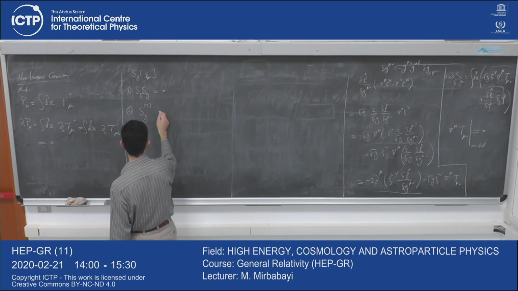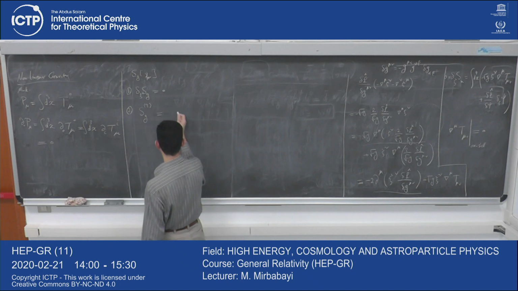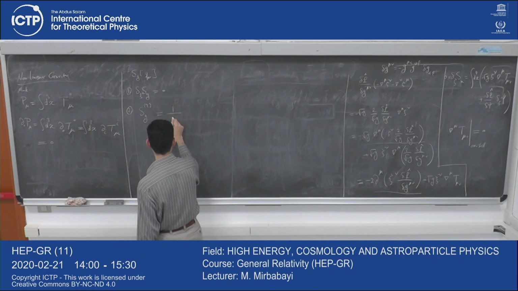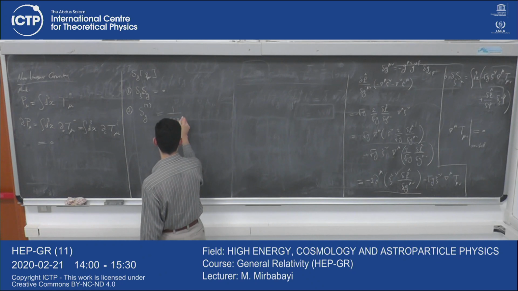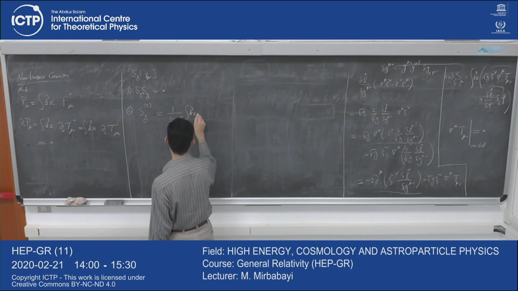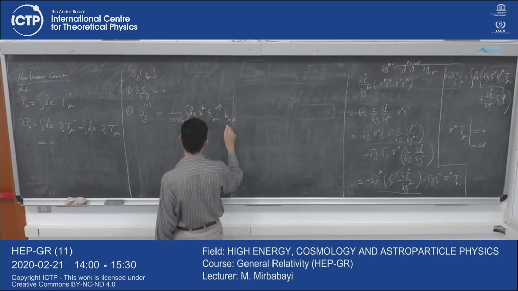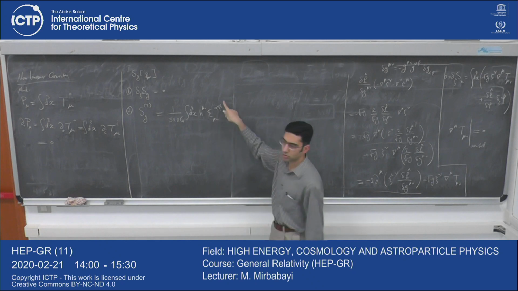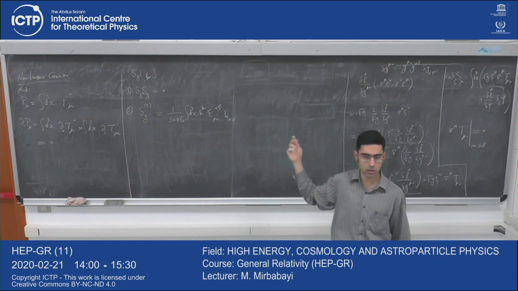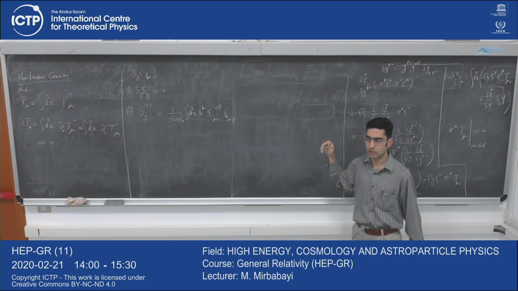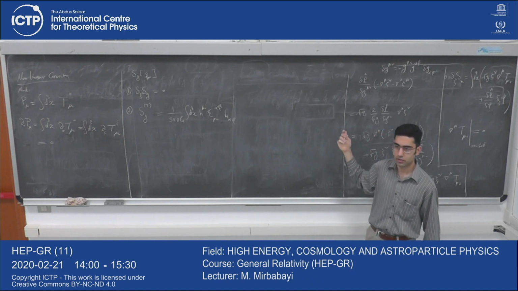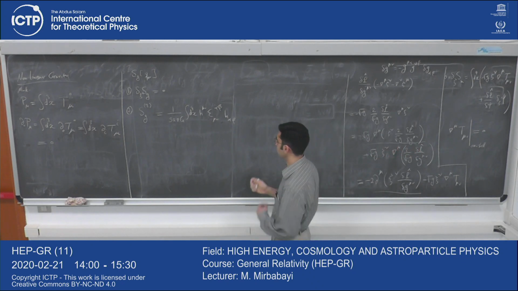this action has to go to what we had before, which I think was 1/32 pi G integral d4x h mu nu epsilon mu nu alpha beta h alpha beta. So this epsilon mu nu alpha beta was a second order differential operator that we introduced.